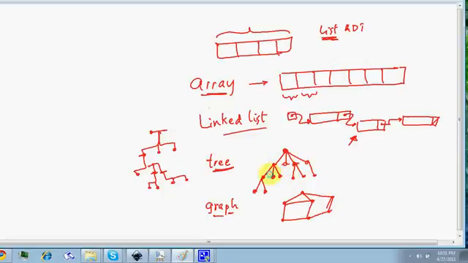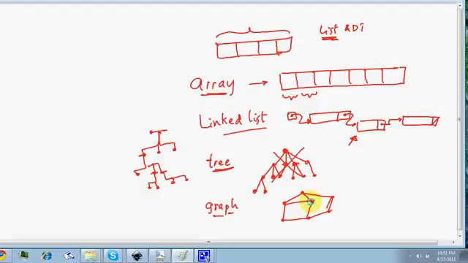Like here there were restrictions. What were the restrictions? That every node has a parent, and only one parent, except the root node, which doesn't have any parent. So you cannot have a relationship like this. Okay, that's not a tree anymore, because this node has two parents. So it's not a tree anymore. What is it? It's a graph now. Now this is a graph.